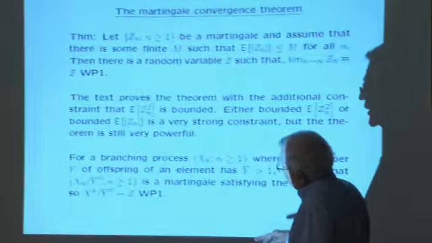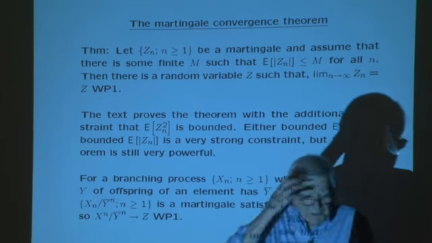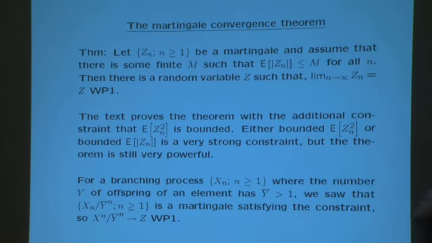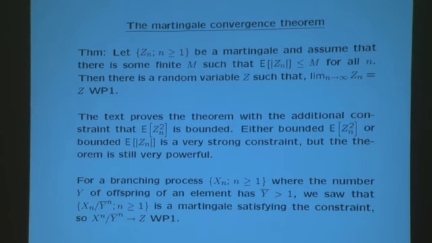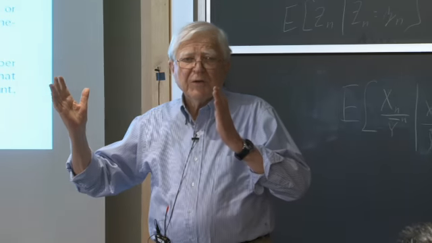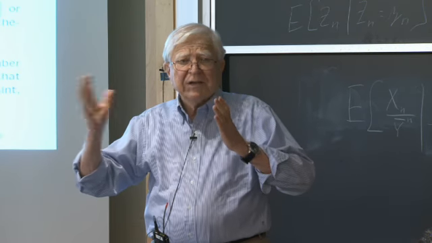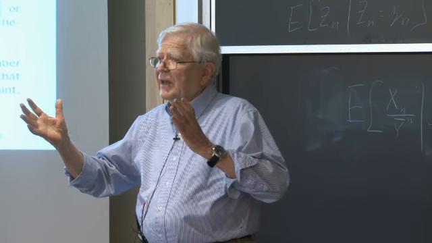So the theorem says that this quantity approaches a random variable. And what does that mean? Well, we know that if you observe this process for a long time, it might die out. If it dies out, it stays died out. It never comes back again.